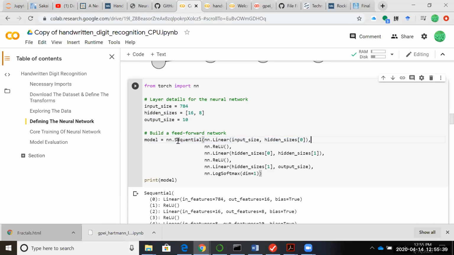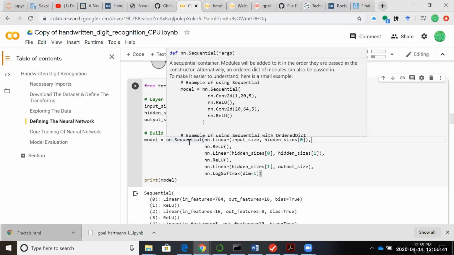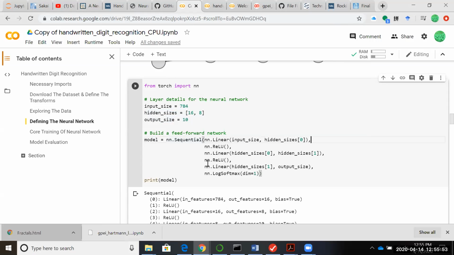It's a neural network. It's sequential. That means basically feed from one into another. A sequential container model will be added in order as they pass in the constructor. So basically, the first layer is the input size, and then there are 2 hidden layers.